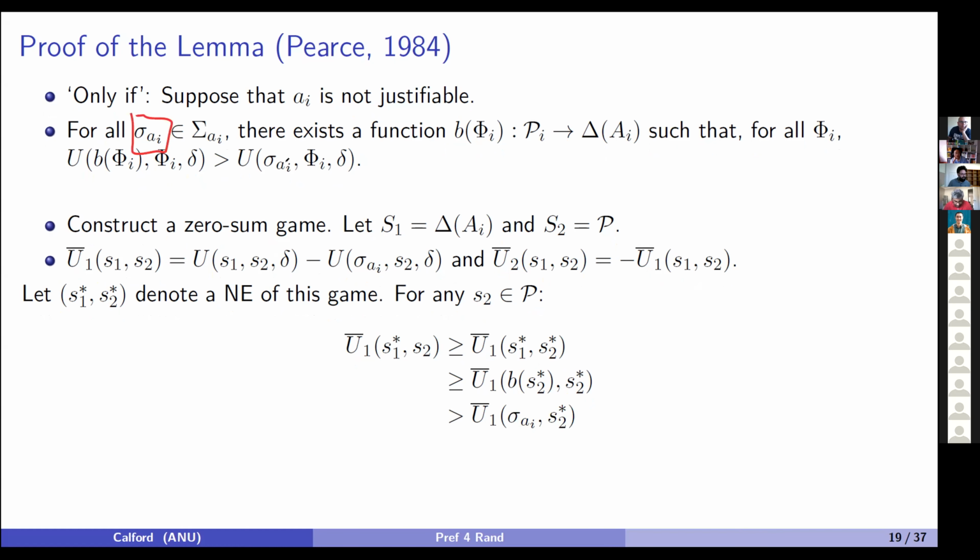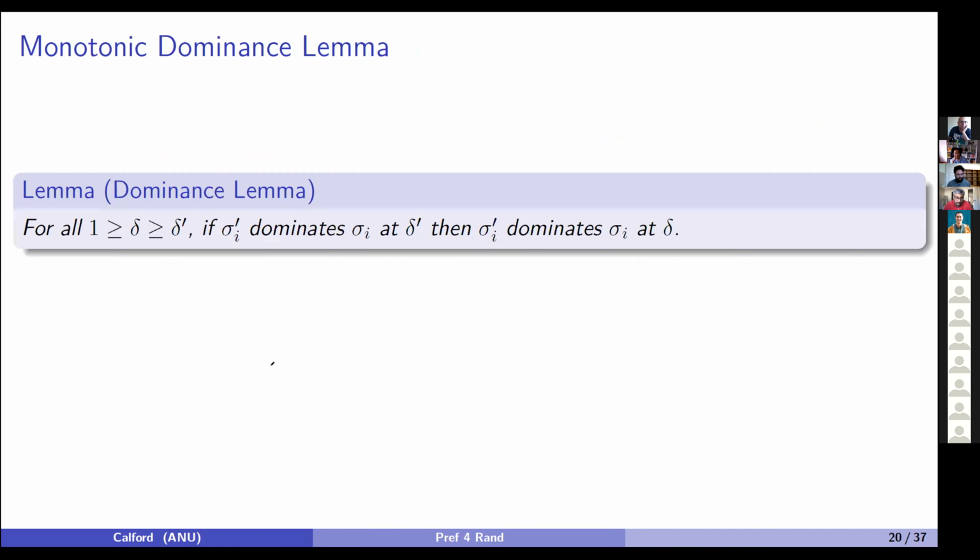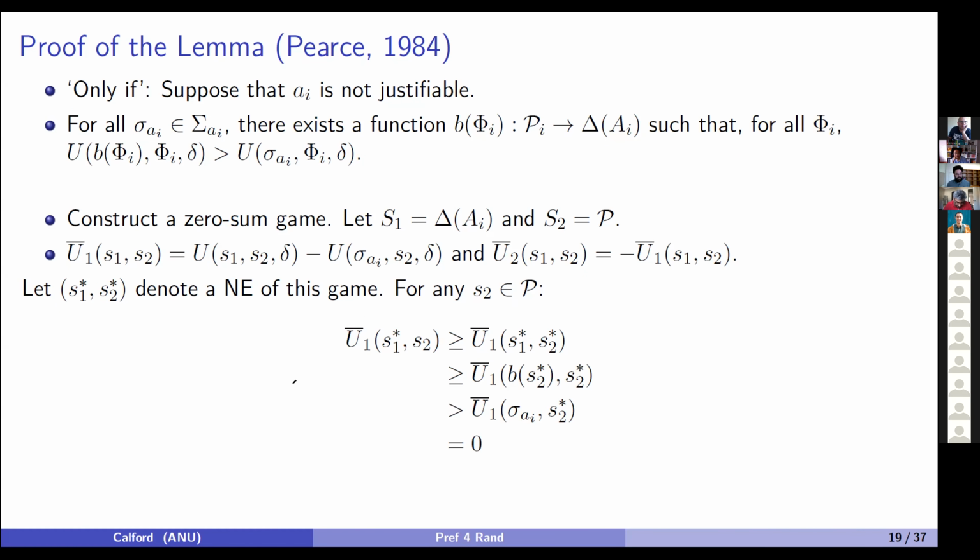the better response function. And by the construction of this game, my utility from playing this sigma AI strategy is 0. So the utility of my Nash strategy is always strictly greater than 0, no matter what belief set you choose for me. And so this tells me that this strategy here is dominated by my Nash strategy.